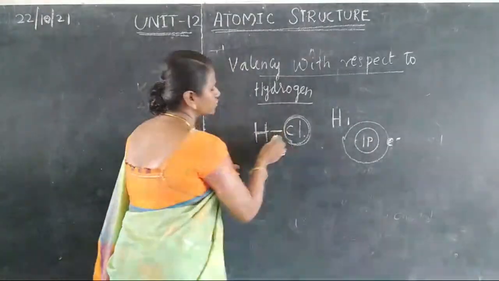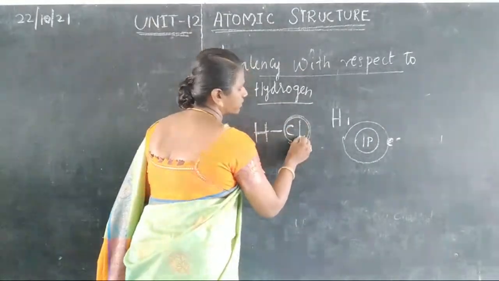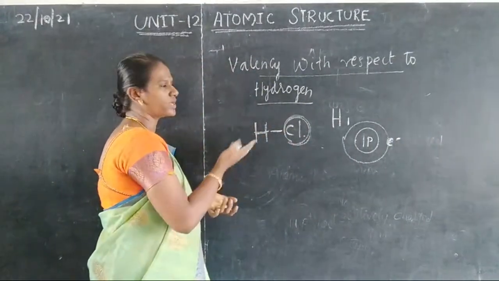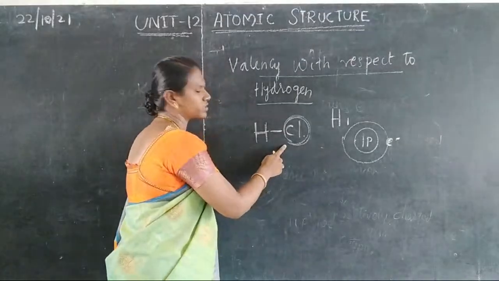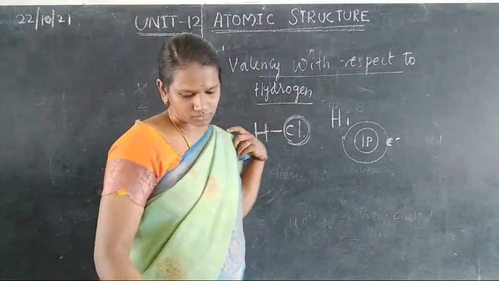So if chlorine combines with hydrogen, the valency of chlorine is also 1.